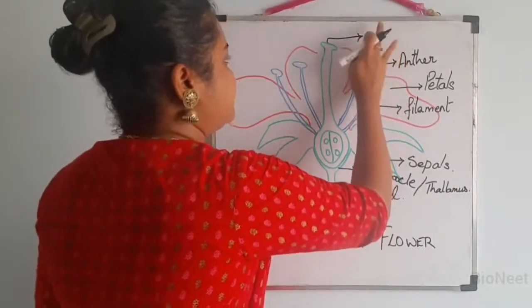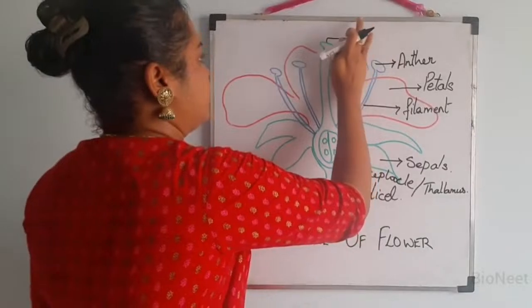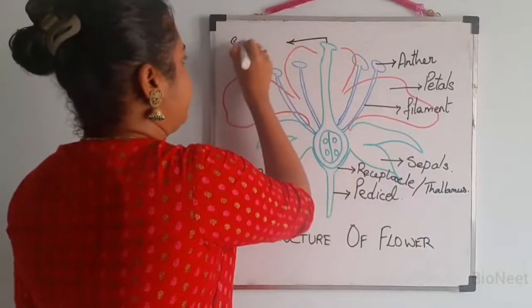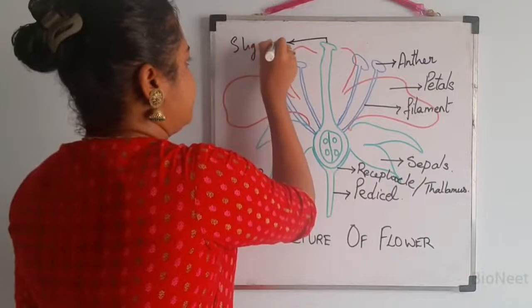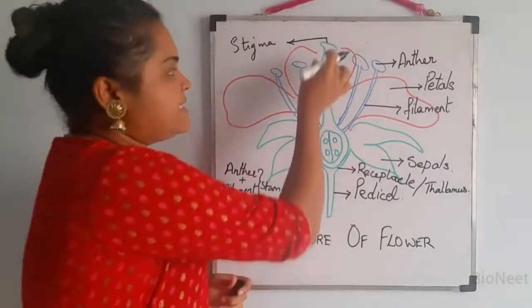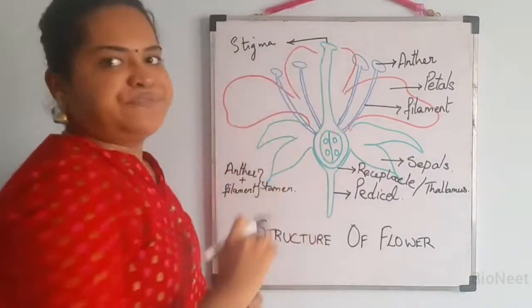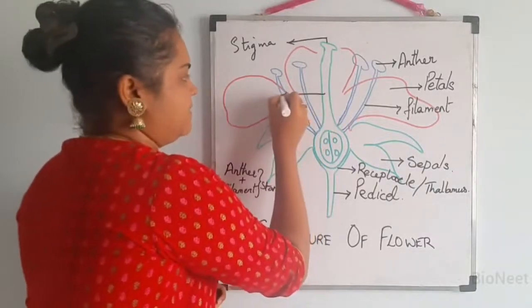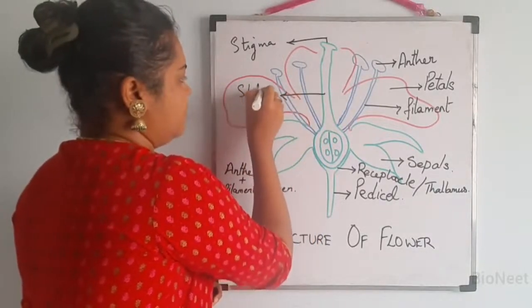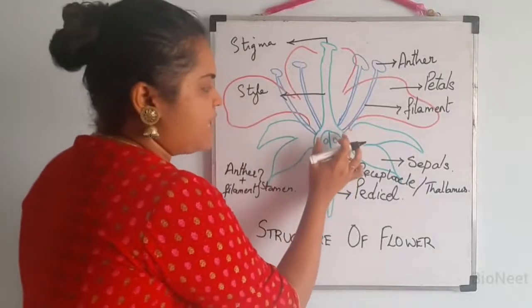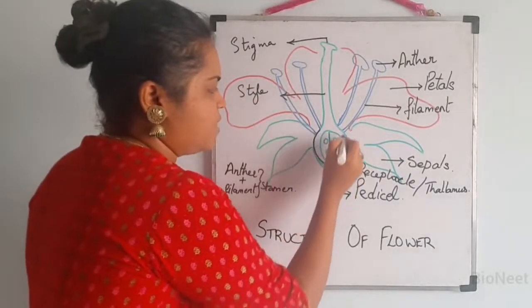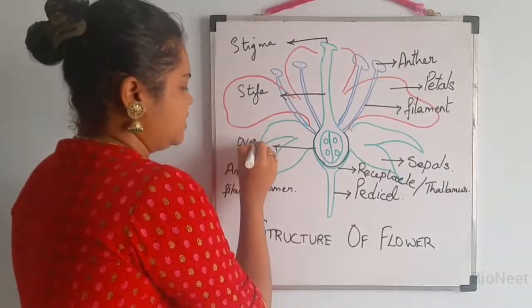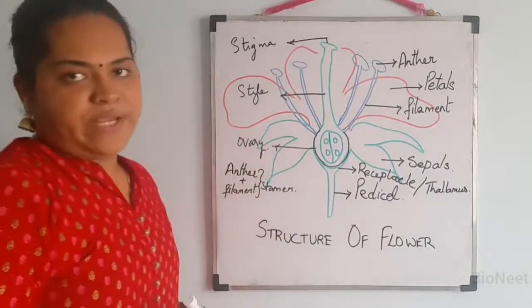The elongated part of the female reproductive part is the style. And this globular structure at the base is the ovary.